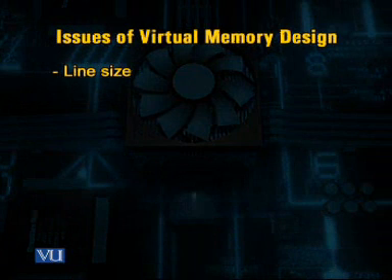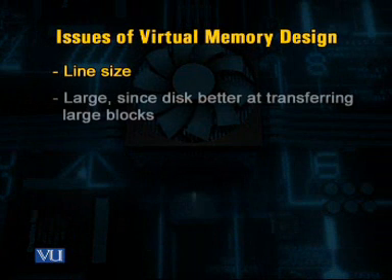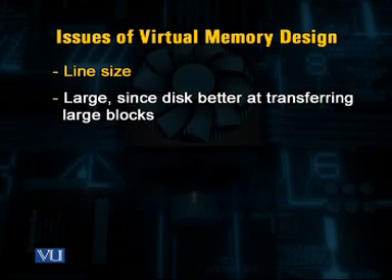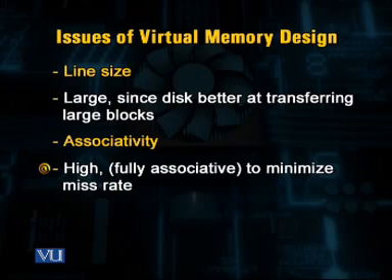For example, the line size, which is to be large in this case because disk is better at transferring larger blocks. Secondly, the associativity. In case of virtual memory, the associativity should be very high. We usually prefer to use fully associative structure for the placement of the data.